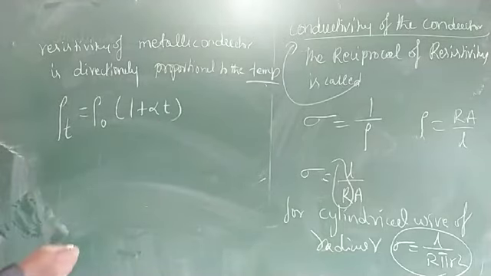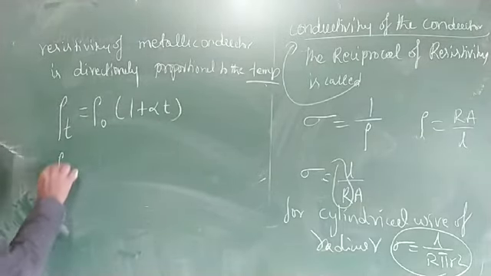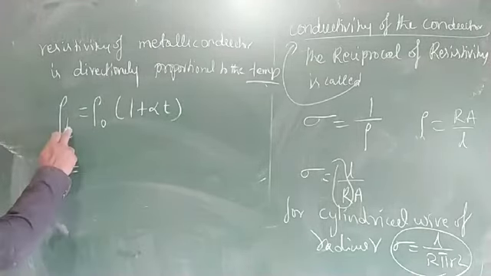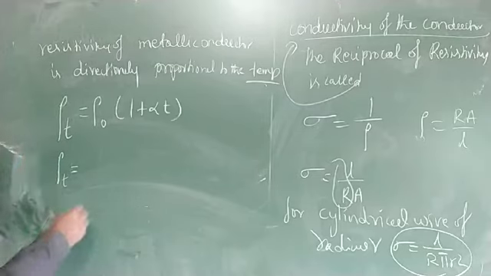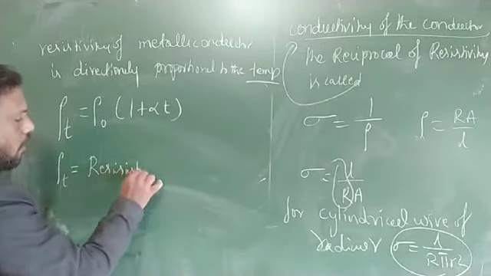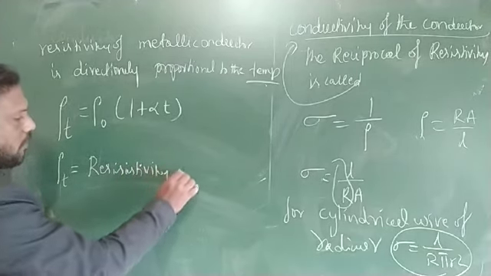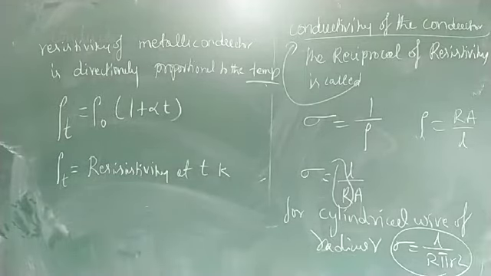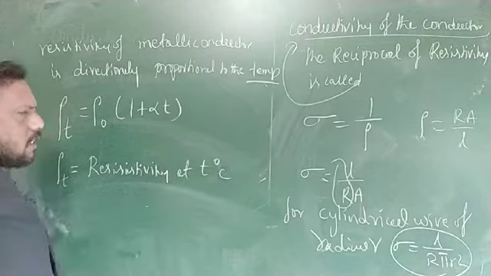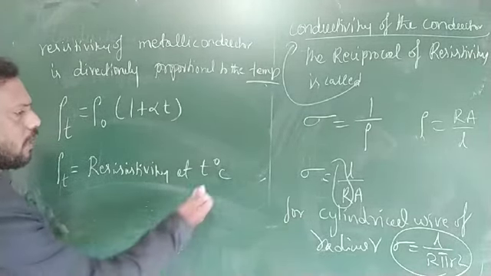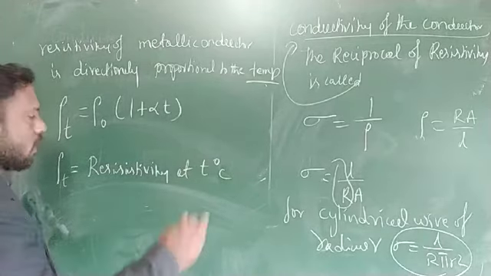Here rho of T is the resistivity of the conductor at temperature T degree Celsius or T Kelvin. The SI unit of temperature is Kelvin, but for our convenience, we can use Celsius or Kelvin also.